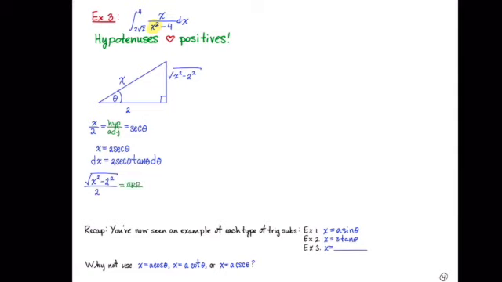The 2 is the adjacent leg. And so opposite over adjacent, that is tan theta. You can multiply by 2 on each side. So we have x squared minus 2 squared. That square root is equal to 2 tan theta. And since we don't have a square root in our problem, you can square both sides.